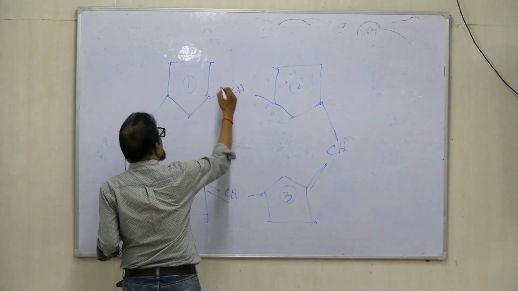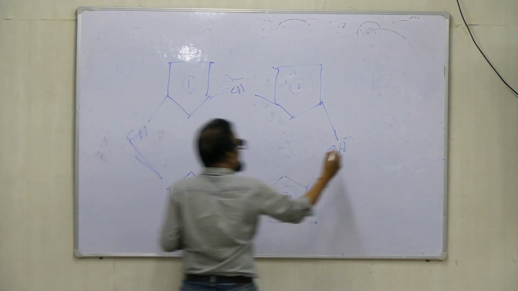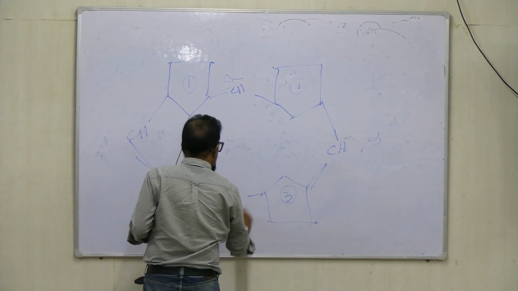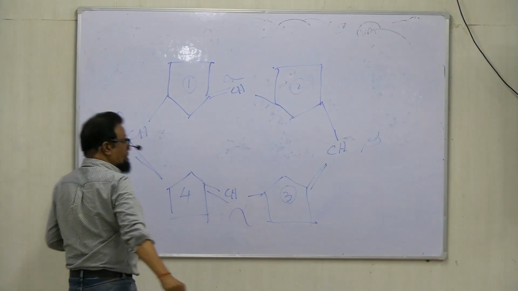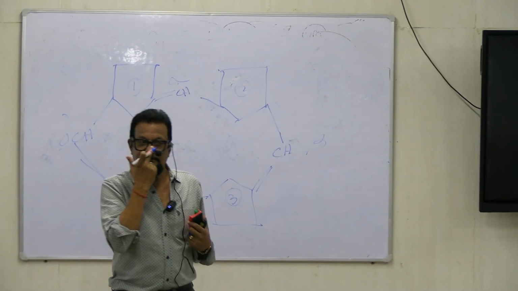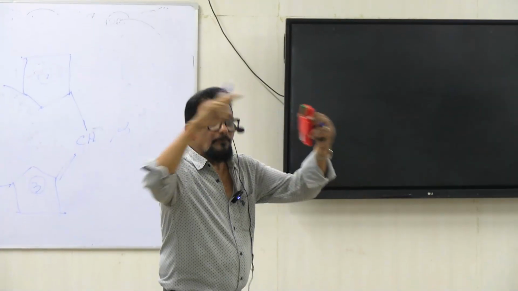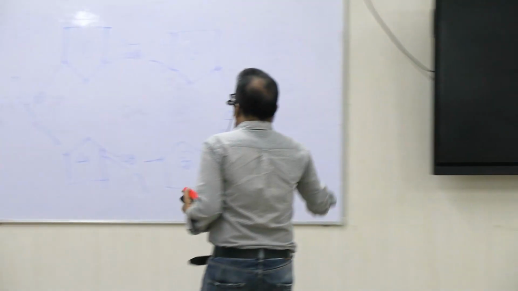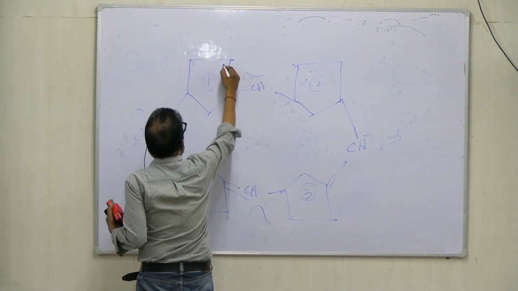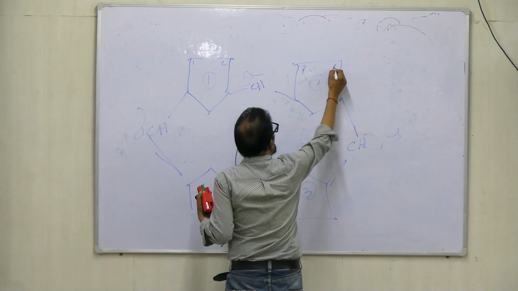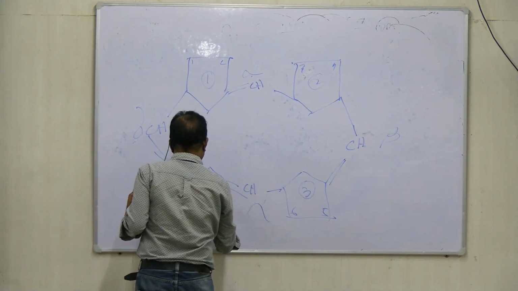And the bridges are alpha, beta, gamma, and delta. How many bridges? 4. By 4 bridges, they attach the 4 pyrrole rings. And all these positions are also numbered 1, 2, 3, 4, 5, 6, 7, 8.